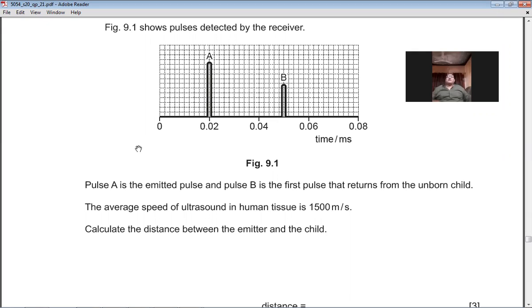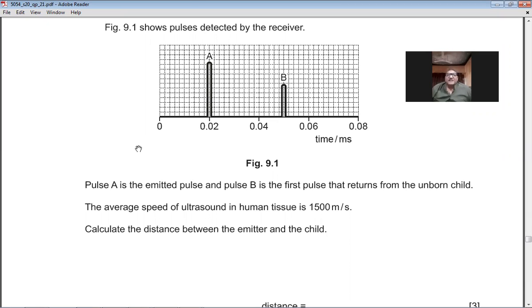So simply multiply the speed with the time. So you can multiply 1500 meters per second with 0.03 divided by 1000, and you will get the distance traveled by the sound in going and coming back.